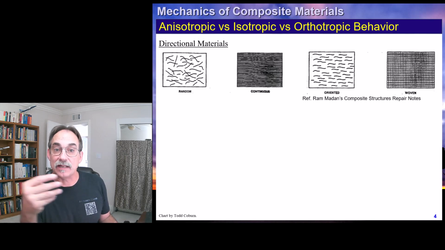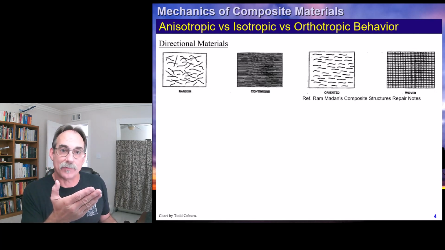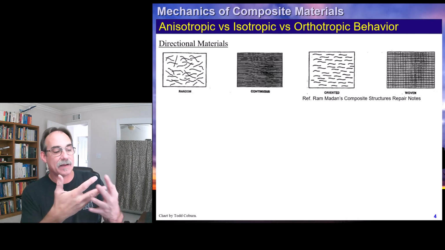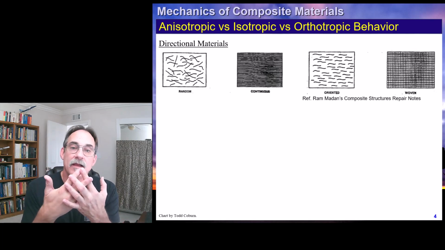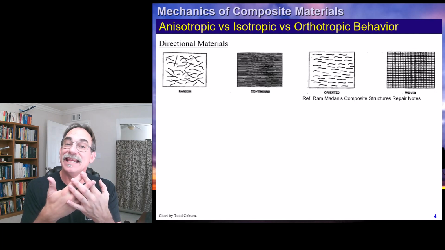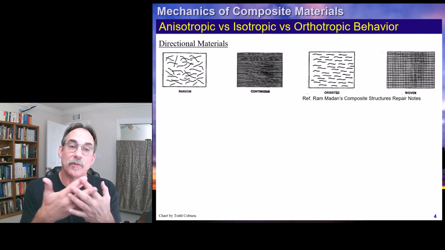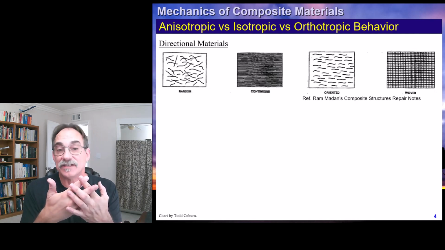We're going to have one property lengthwise and one property widthwise, and potentially another property through the thickness. Same thing's true for the oriented samples. But for a woven sample, we're going to end up getting different properties in the two perpendicular in-plane directions and another property in the out-of-plane direction. Although it is possible that these two in-plane directions will have the same property.